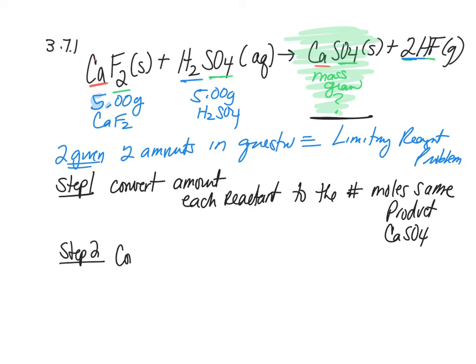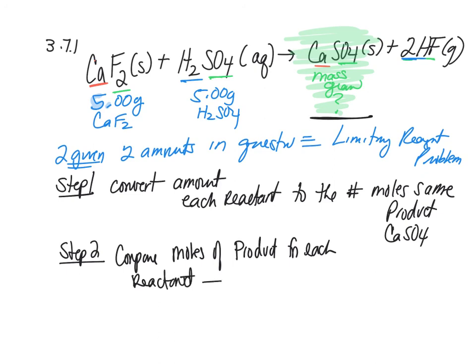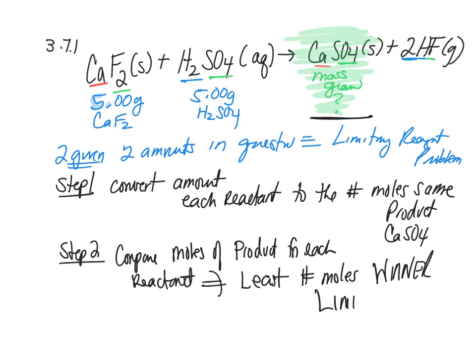Once you do that, you compare the moles of the product for each reactant. And then the least number of moles is the winner. That is your limiting reagent.